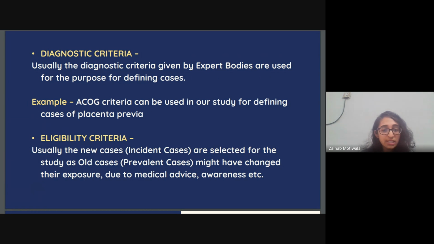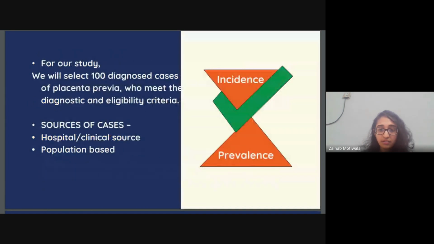So we try to take incident cases as compared to prevalent cases when selecting the disease population. In this case, we selected 100 diagnosed cases of placenta previa who met the diagnostic as well as eligibility criteria. And usually our source is hospital-based or population-based.